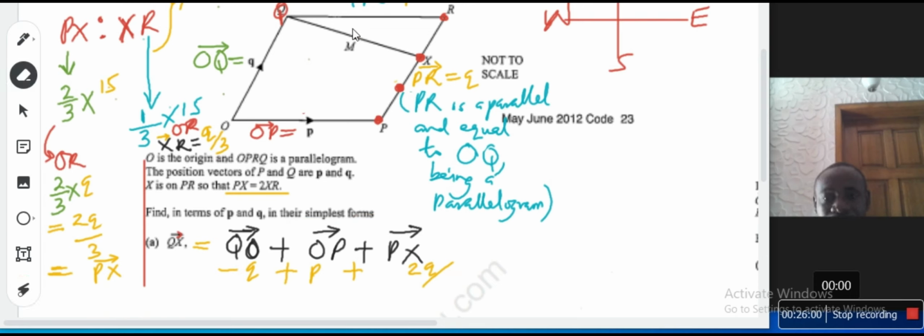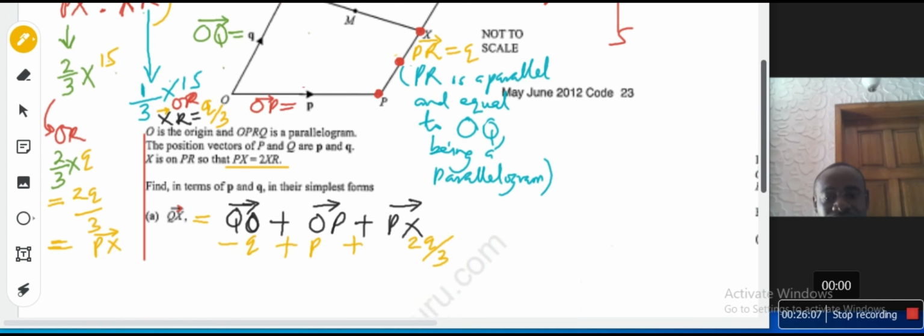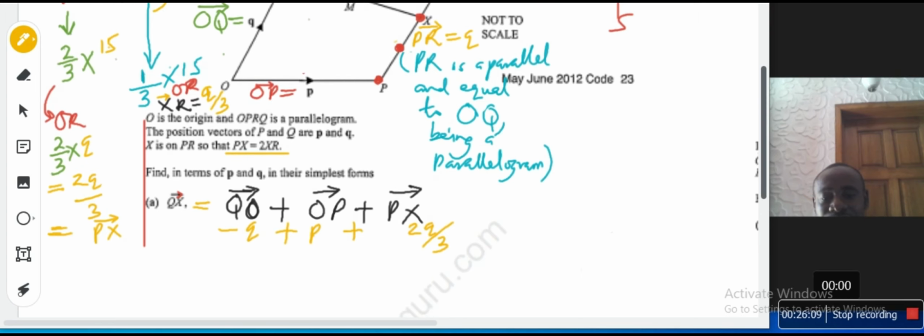So let's simplify this. Your understanding of arithmetic is important here. So you have minus Q plus P plus 2Q over 3. How do you solve this kind of algebra?